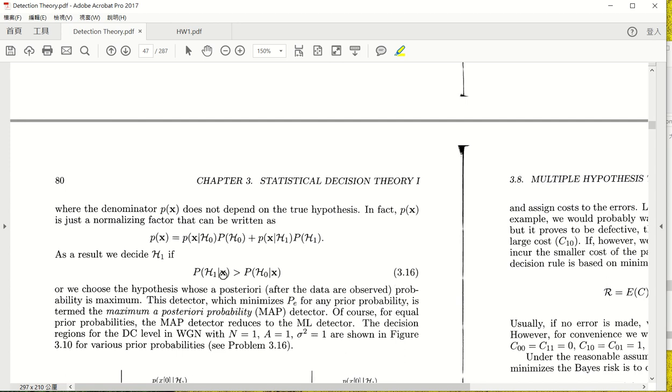Okay, so this detector, which minimizes PE for any prior probability, is termed the maximum a posteriori probability detector. Just think about it, and I'm going to stop and take a break for a couple minutes, then we'll come back.